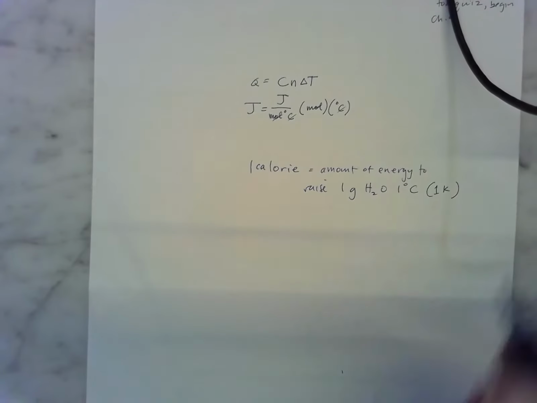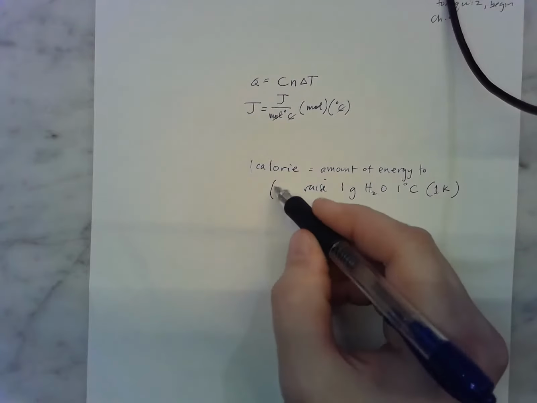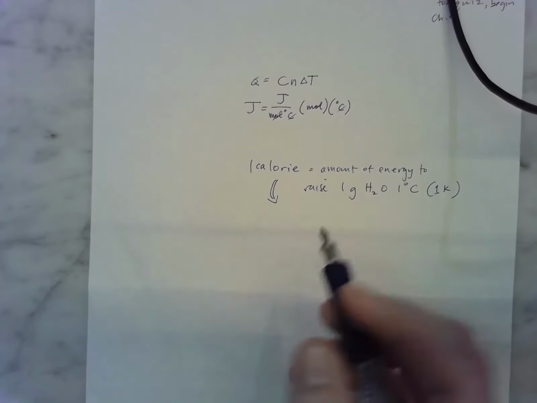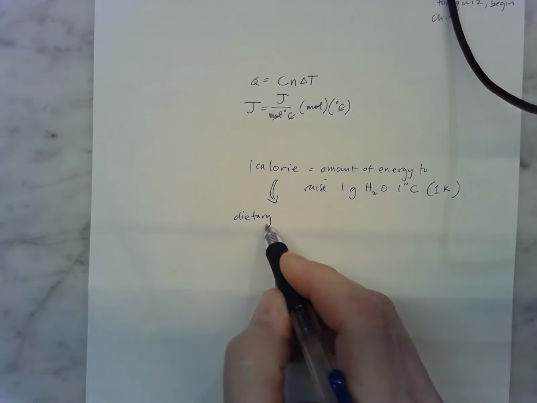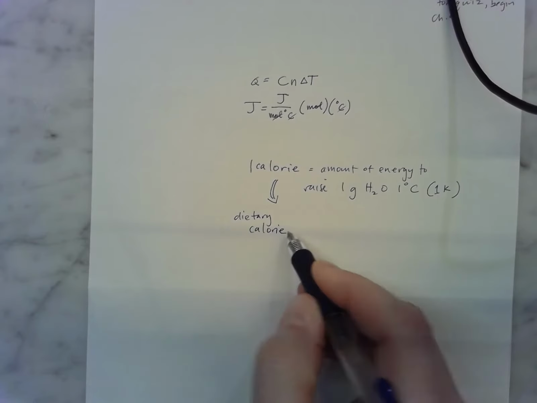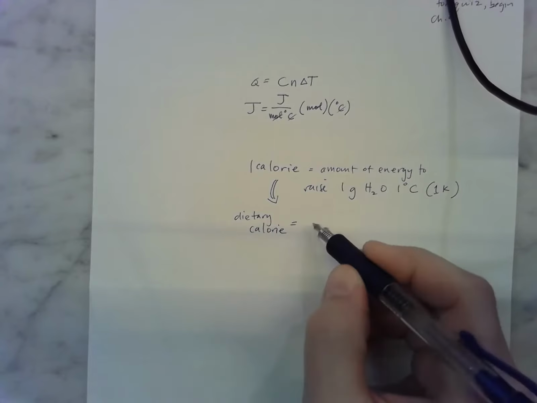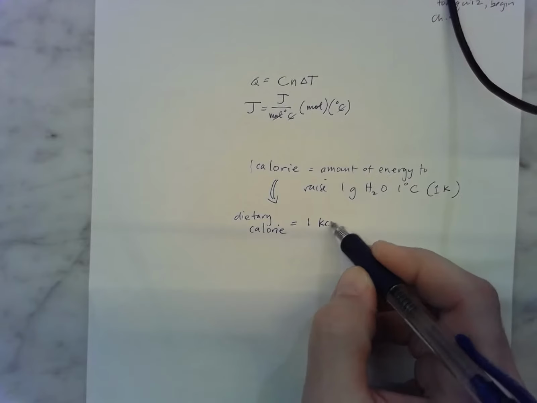Okay. All right, and just in case you guys haven't heard it by now, a dietary calorie is different, and it's equal to 1 kilocalorie.